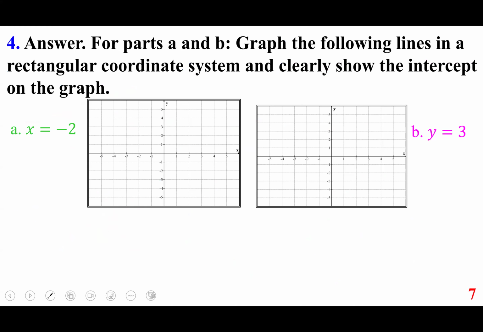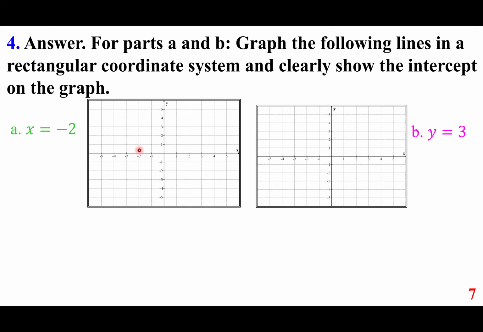All right, I'm going to answer the following. For parts A and B, graph the following lines in a rectangular coordinate system and clearly show the intercept on the graph. So x equals -2. That is a vertical line. So -2.